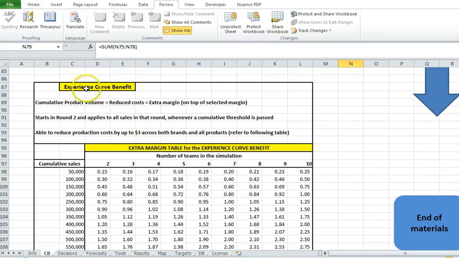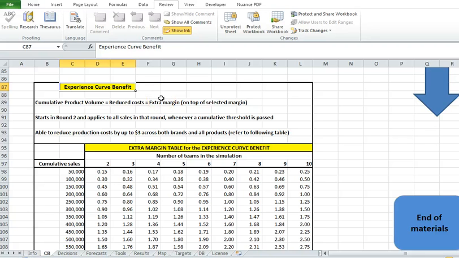Down the bottom here, over time we have what's called an experience curve benefit, not directly related to consumer behavior, but it's based on sales volumes. Over time, the more volume we sell, the more experience we get in the product, and we actually have an extra margin on top of what you decide.